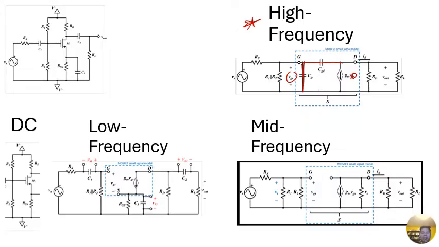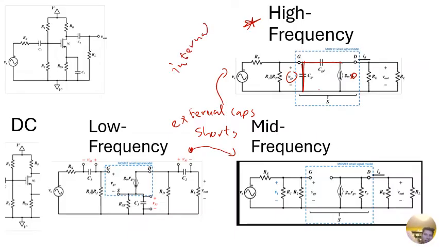So there's actually just a range of frequencies where you can treat the external capacitors as shorts, and between being able to treat internal capacitors as open, where you actually amplify.